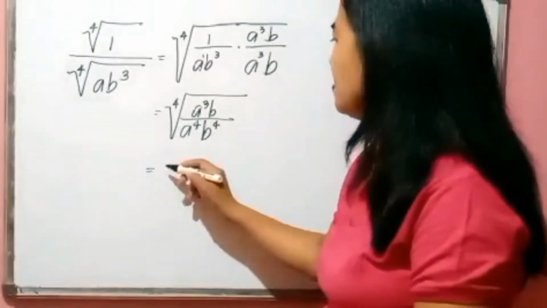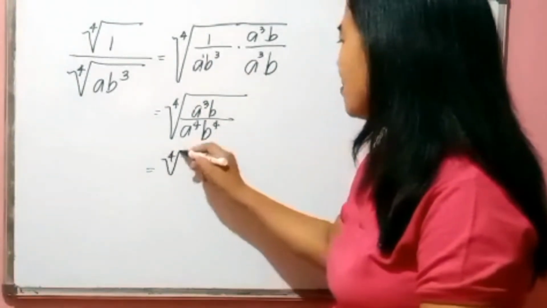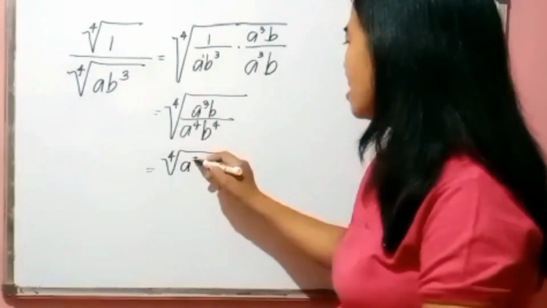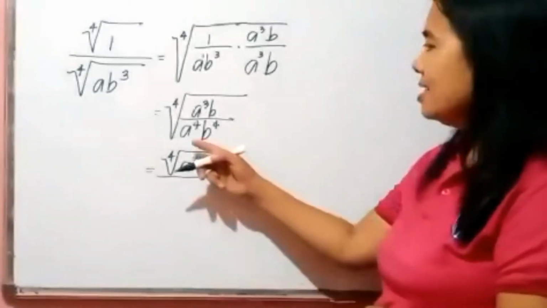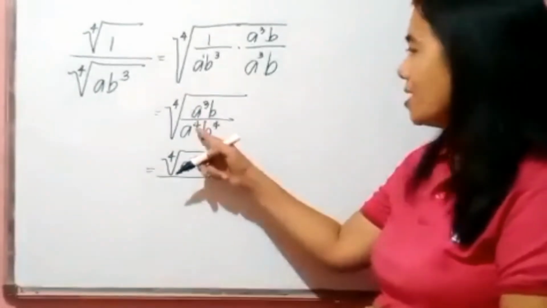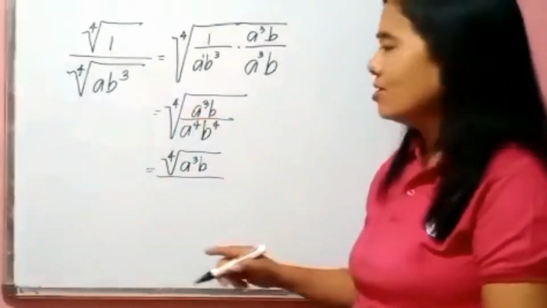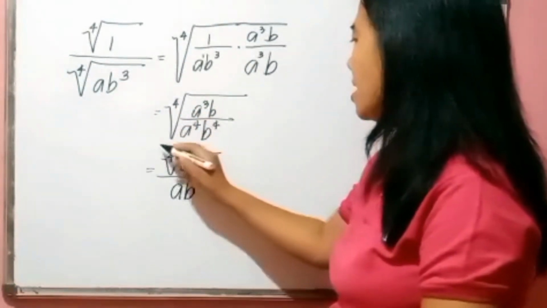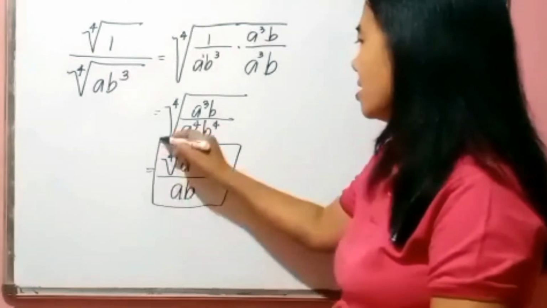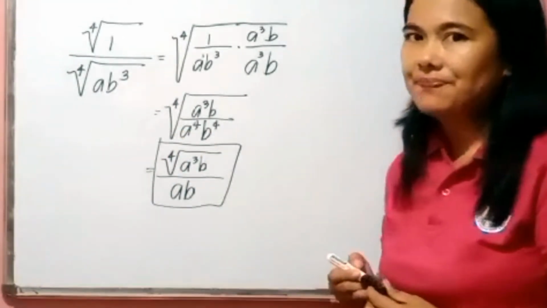So, sa numerator, copy lang natin siya. A cubed B. Tapos, dito, kaya na natin ilabas yung A tsaka B kasi pareho na sila yung index mo, exponent tsaka index. So, we're going to have A, B, and this is going to be your final answer.